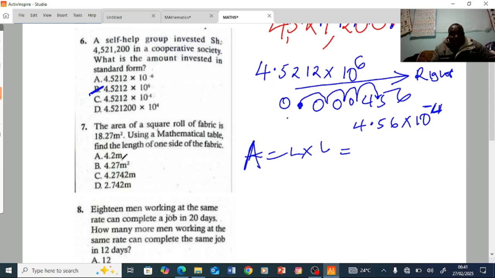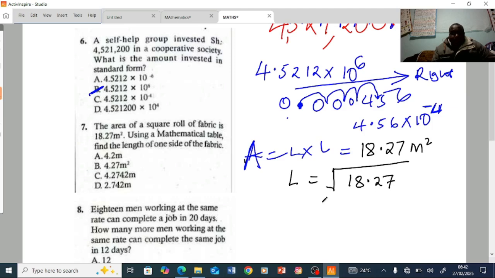Using a mathematical table, find the length of one side of the fabric. Area of a square is equal to length times length, and this gives us 18.27 meters square. So to get L, you get the square root of the area. Using a mathematical table, you will get that the square root of 18.27 is 4.2742.